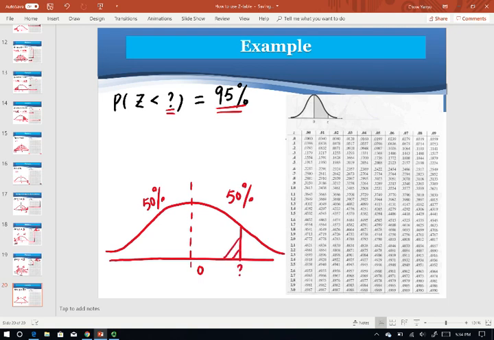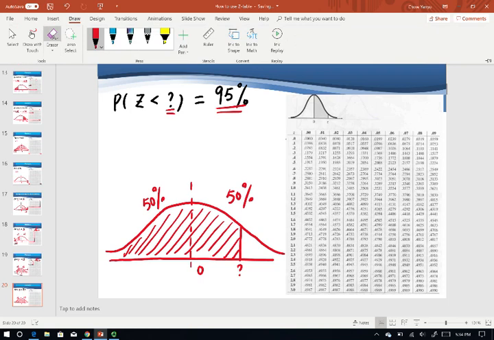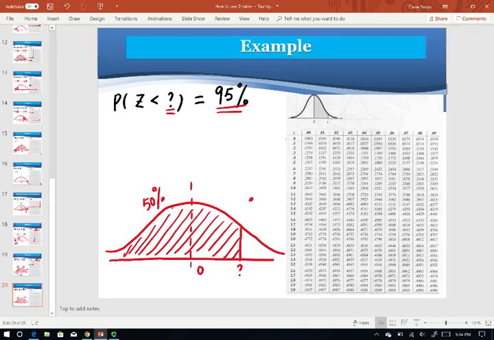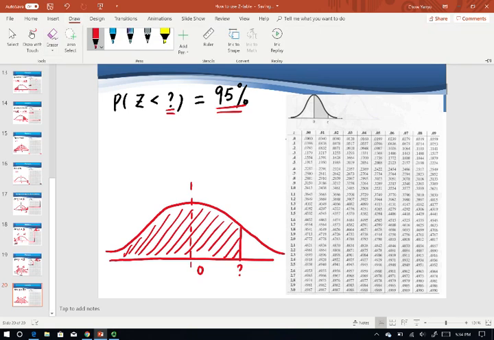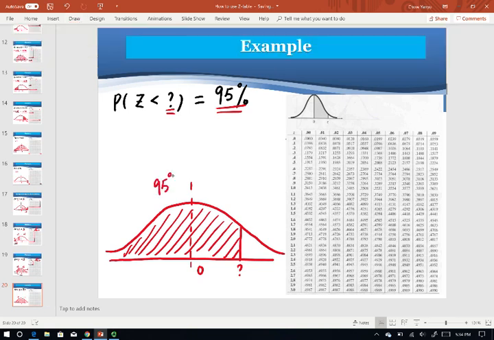Smaller than highlights this area. So the total area is 95%. And we need to find this area because this is the table value. This will be 50%, half, so this should be 45%.